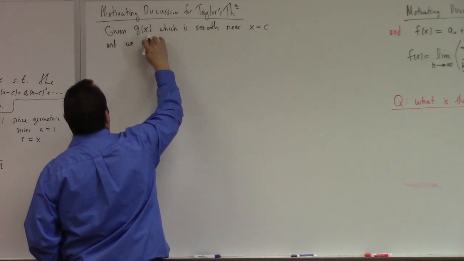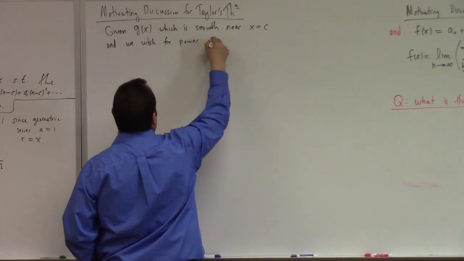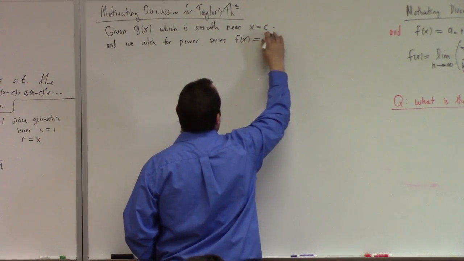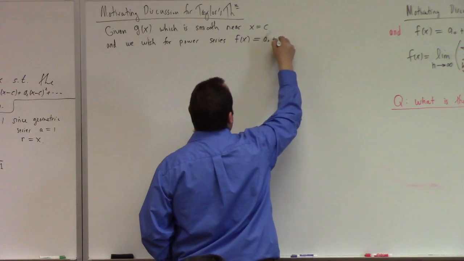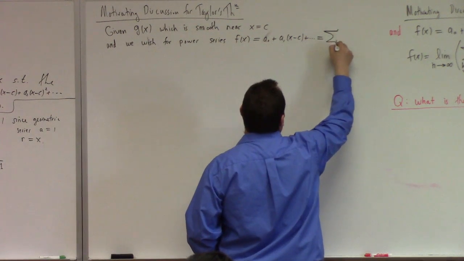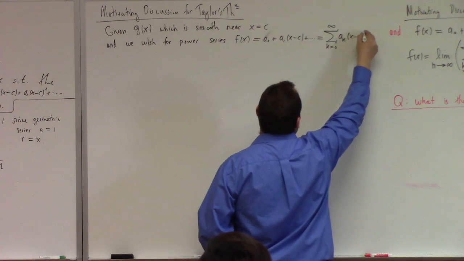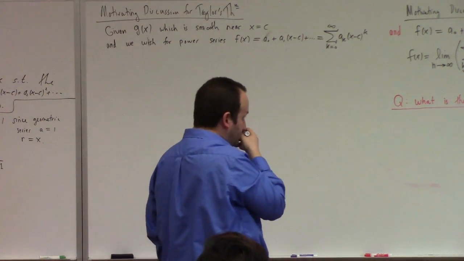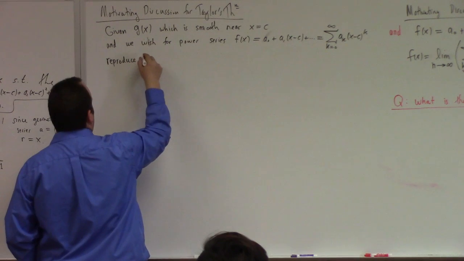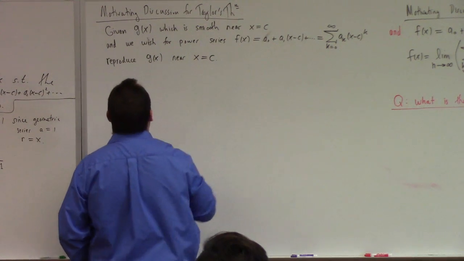We wish for the power series f of x equals a sub naught plus a sub 1 times x minus c plus dot, dot, dot. Or in other words, the sum k equals 0 to infinity of a sub k times x minus c to the k-fold power. I want that to reproduce g of x near x equals c, all right?